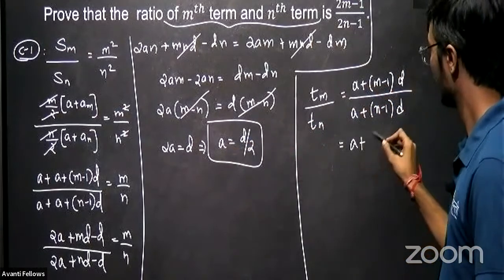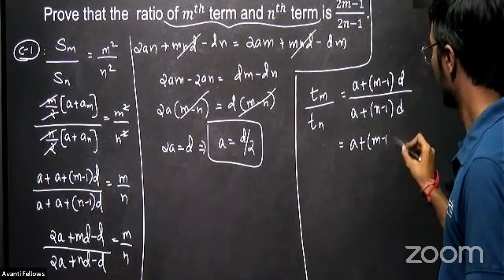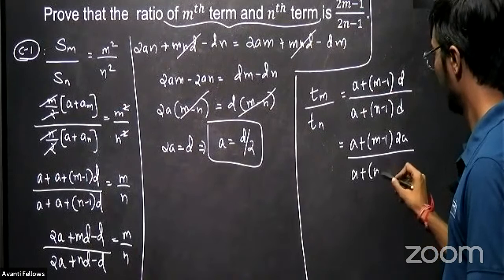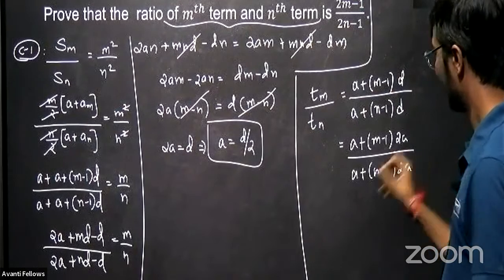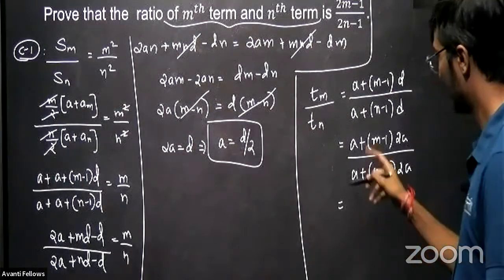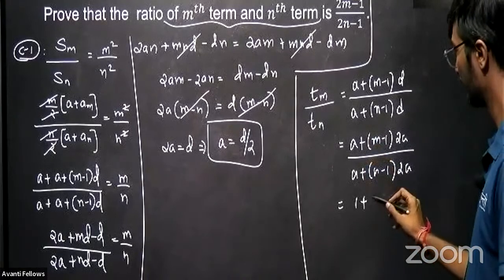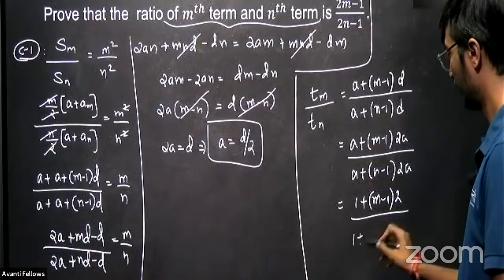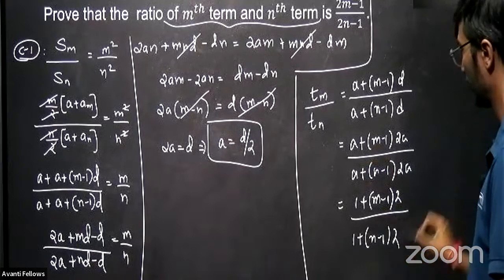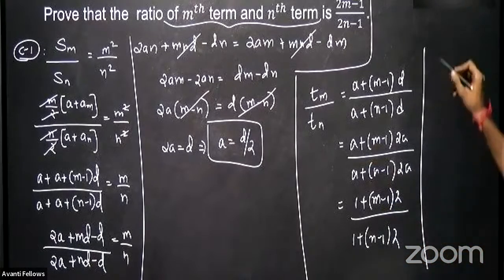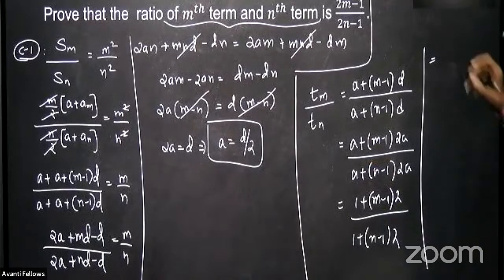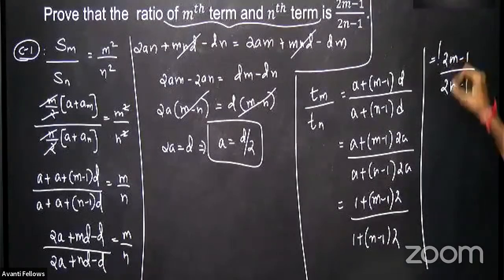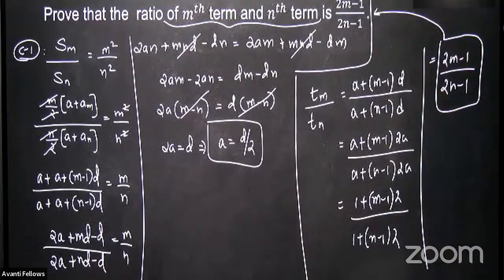So a plus m minus 1 into 2a upon a plus n minus 1 into 2a. We can take a common and it will get cancelled. So I'll get 1 plus m minus 1 into 2 upon 1 plus n minus 1 into 2. So open the brackets. I'll get 2m minus 1 upon 2n minus 1. Hence proved. This was the required.